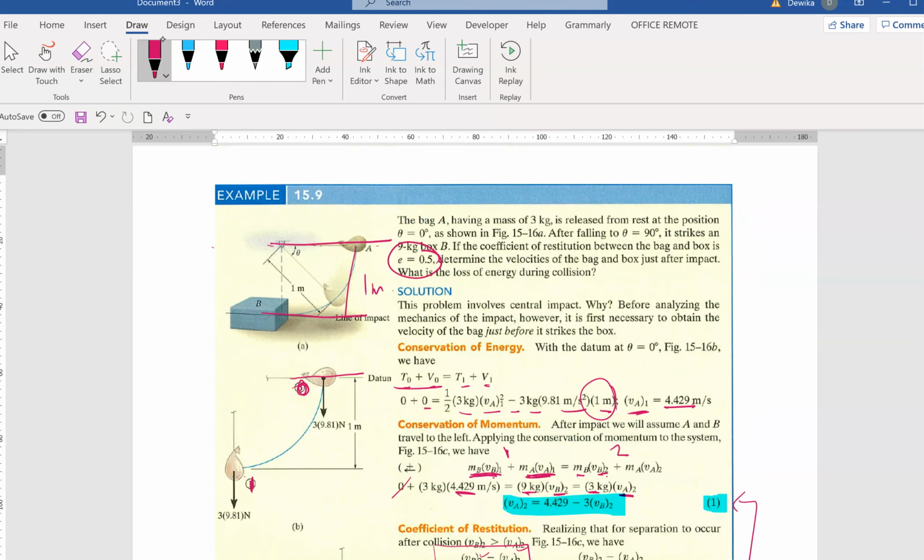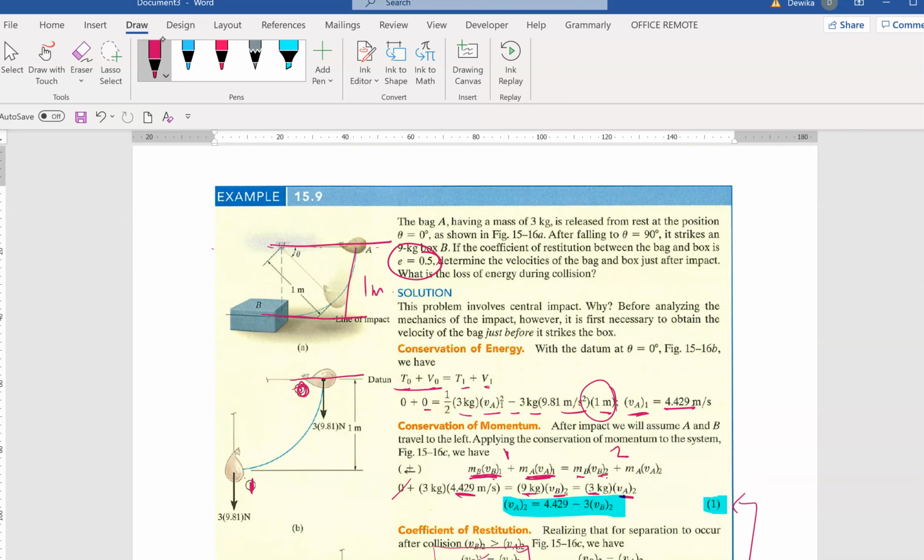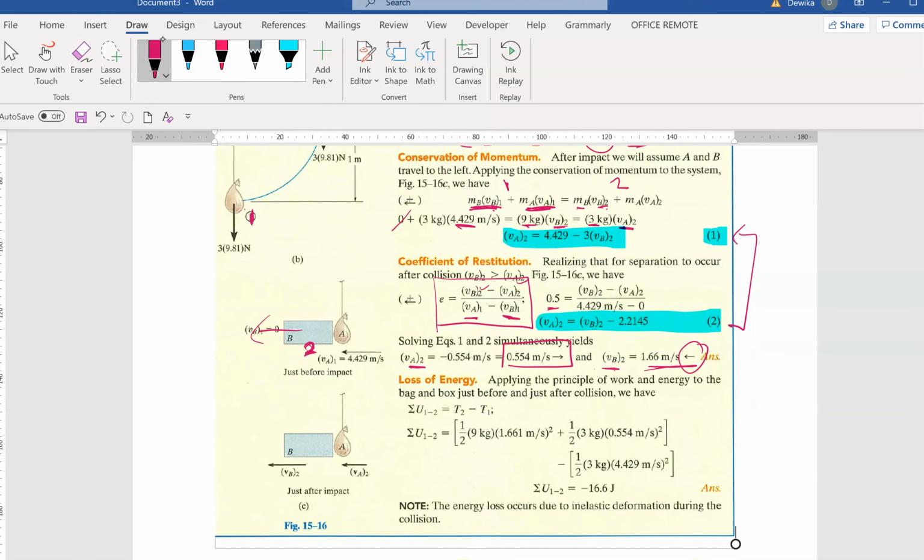Now, what is the loss of energy during the collision? We have to use half mv square final minus all the energy that is initial. When you add all the total final and minus the initial, you get negative 16.6.